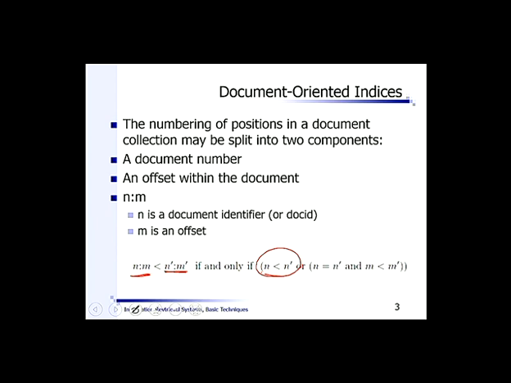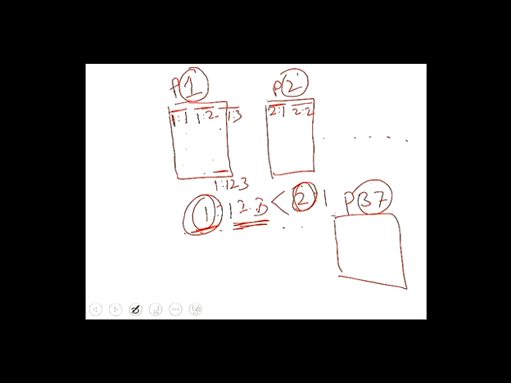And in the second case, if n and n prime are the same, it means that we are talking about the same document. Like in this case, 1:1 and 1:20.